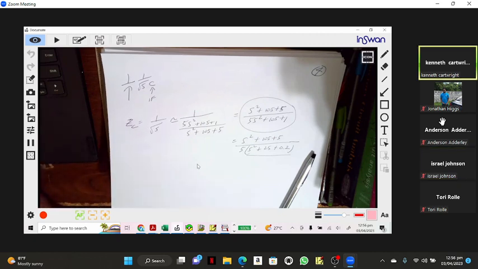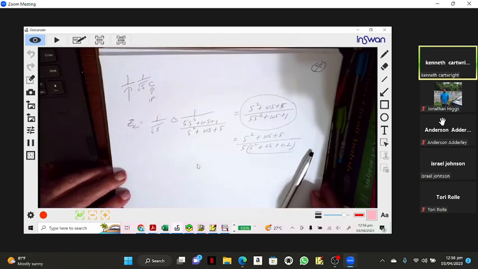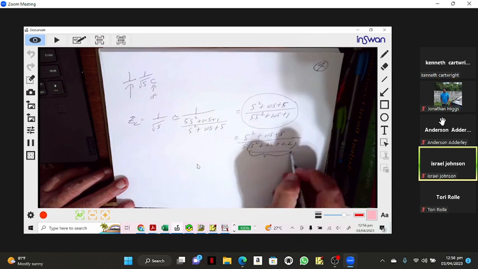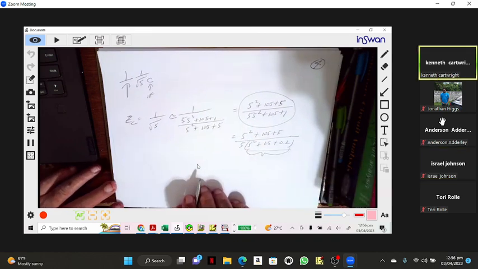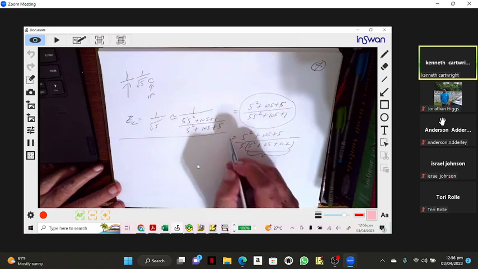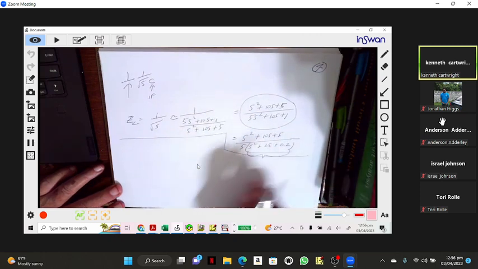Mr. Johnson, your last answer is completely wrong. Absolutely completely wrong. All right. I asked for the roots of that quadratic. And only two people get to answer.